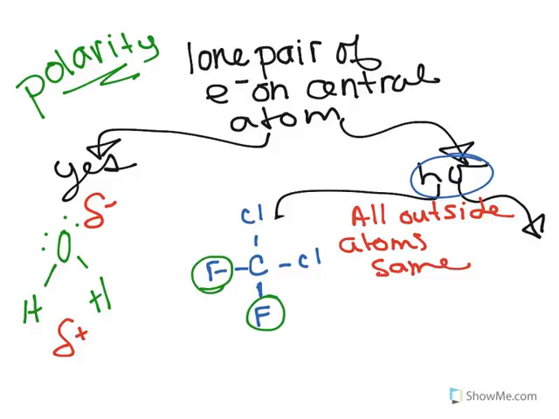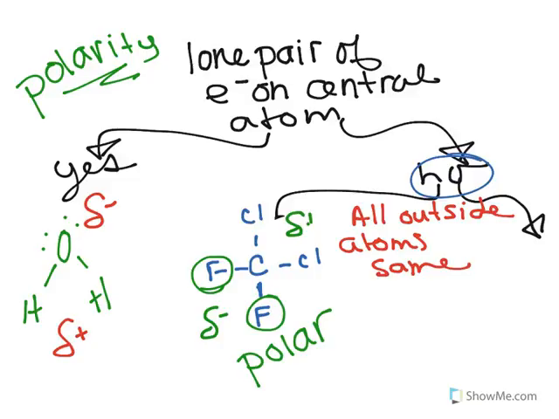These fluorines are more electronegative than those chlorines. So this side of the molecule would be more negative than this side. So yep, if the outside atoms are not all the same, then you would have a polar molecule.